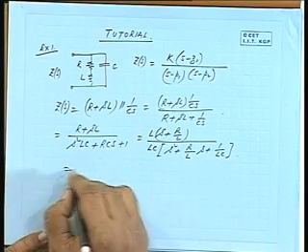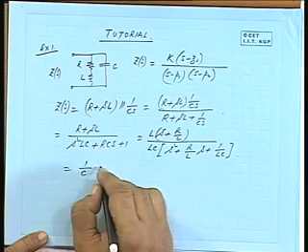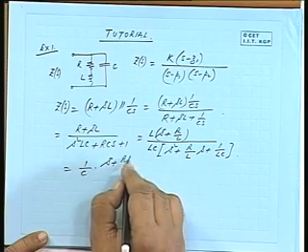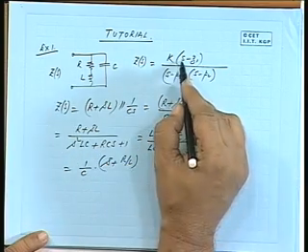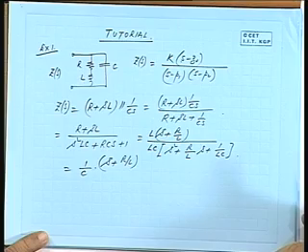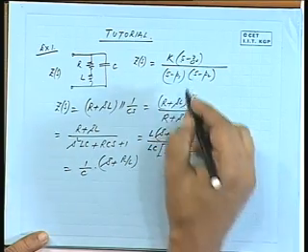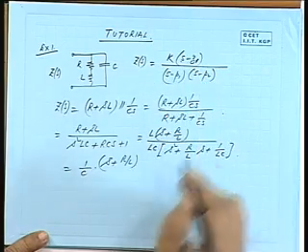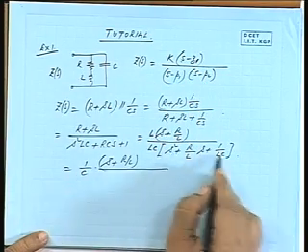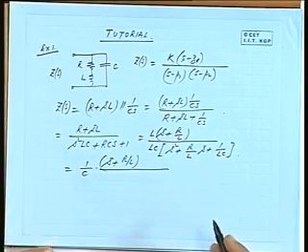So, you can see this is 1 by C into S plus R by L, which will be of this form S minus Z1, where Z1 is minus R by L. Similarly, P1, P2 will be the corresponding roots here.